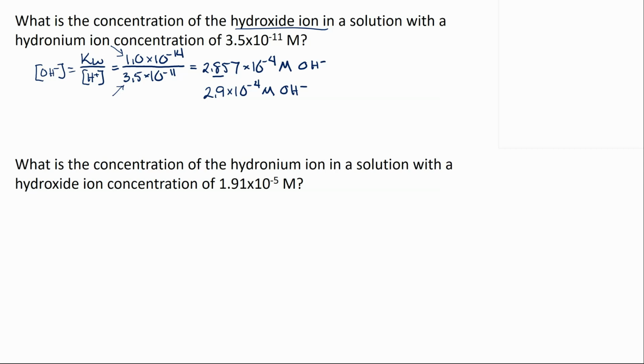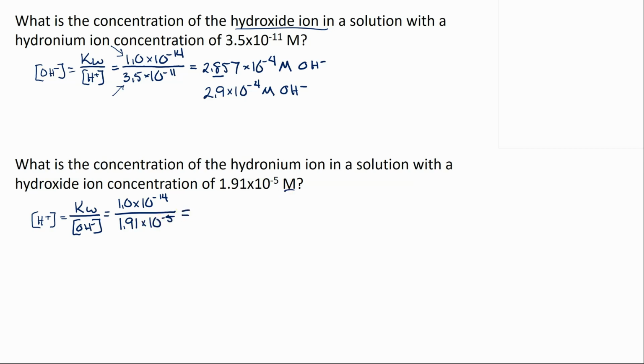One more. What's the concentration of hydronium? So in this case, we're using the equation solving for H+. Kw over concentration of OH minus. 1.0 times 10 to the negative 14. And we'll just plug our number in here. Our hydroxide ion concentration, the 1.91 times 10 to the negative 5.